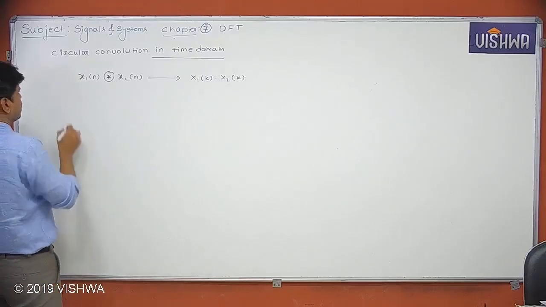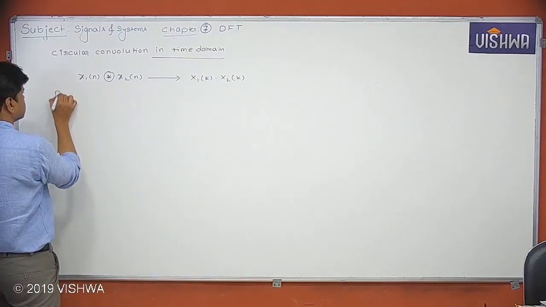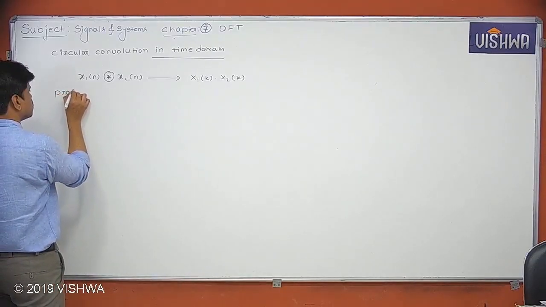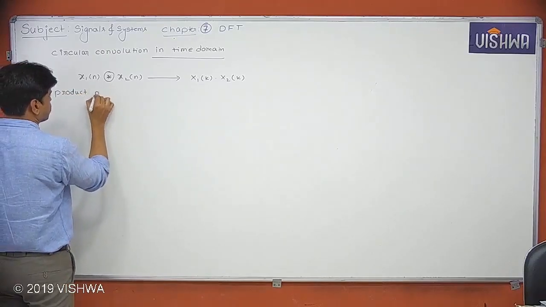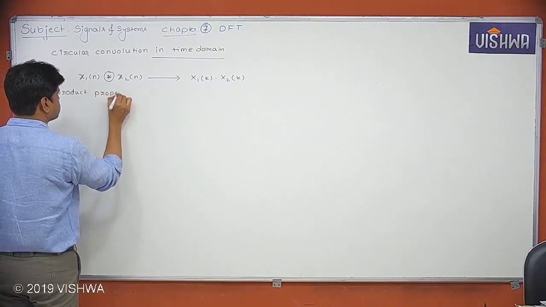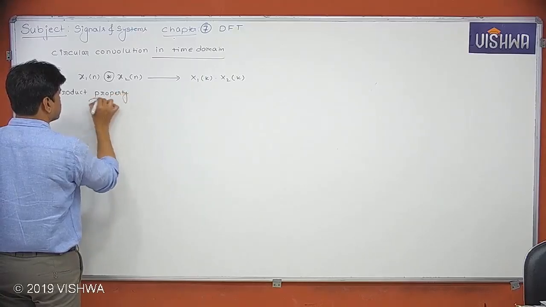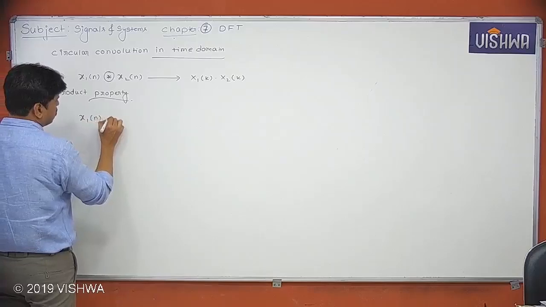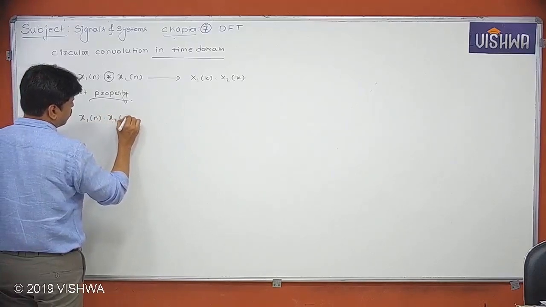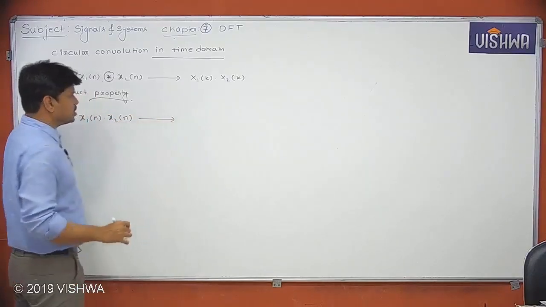Next, in the similar manner, the product property, which is a circular convolution in the frequency domain. What is the product property? Suppose x1 of n multiplied with x2 of n. Then what is the DFT for this?